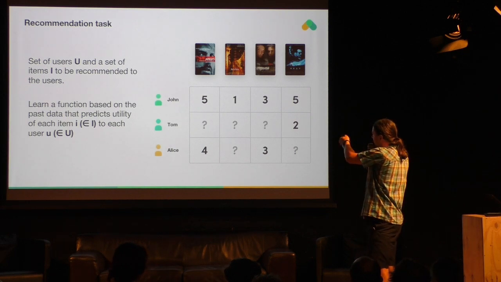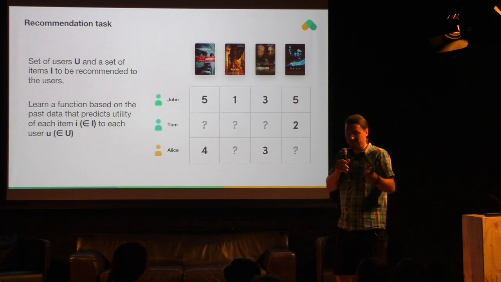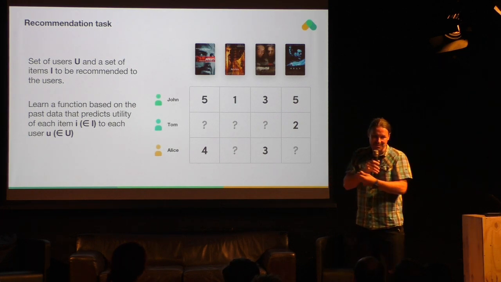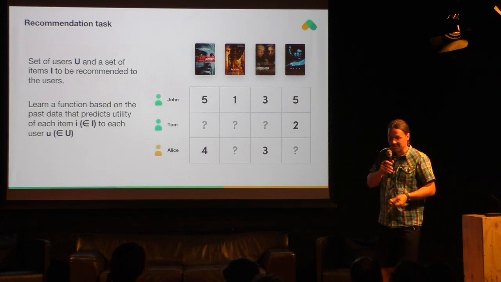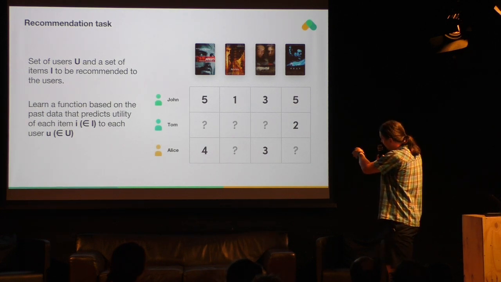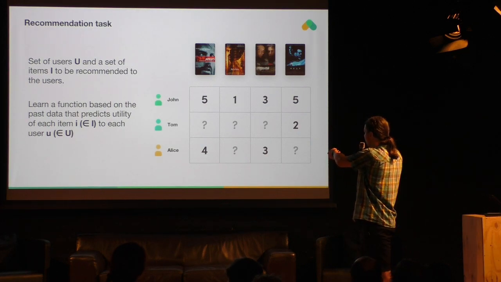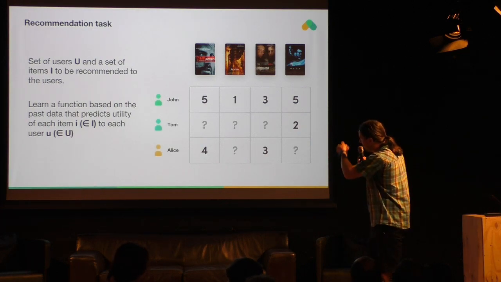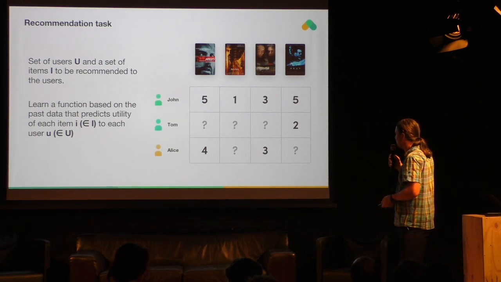This matrix is the so-called matrix of ratings, or it can be any interactions. It can also be implicit behavior of clients, but mostly ratings are used. So John gave 5 stars to some movie here, and 1 star to another movie, and so on.